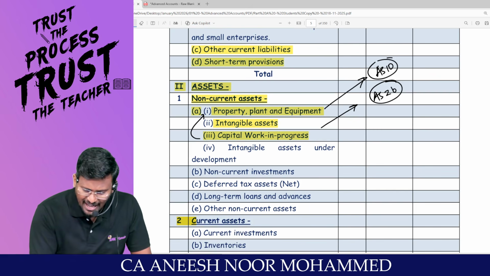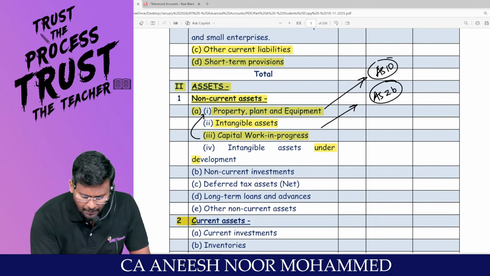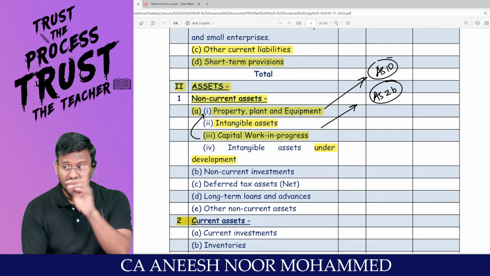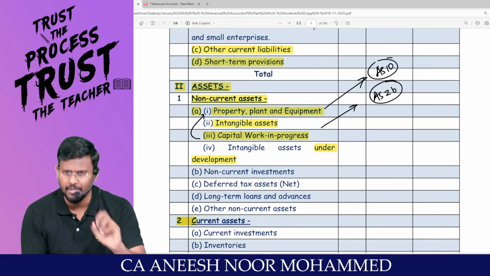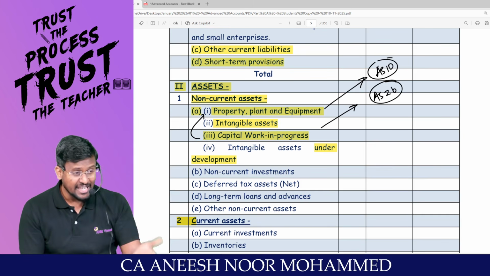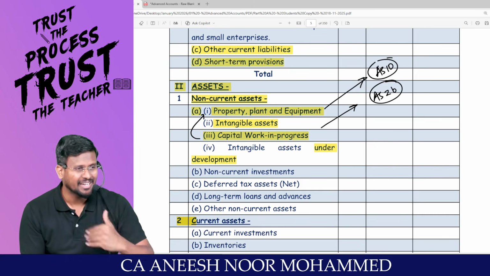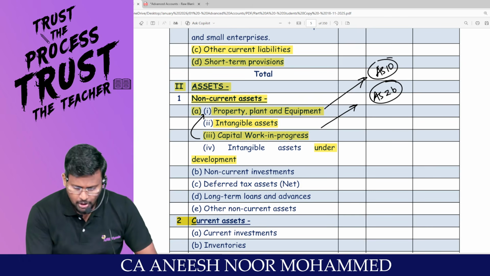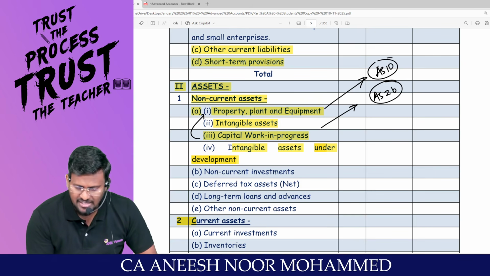Sir, intangible asset under development. My dear lovable students, if you study AS 26, there will be two phases: number one, the research phase, and number two, the development phase. If the research phase is over and it is in the development stage, then we will show it as intangible asset under development.